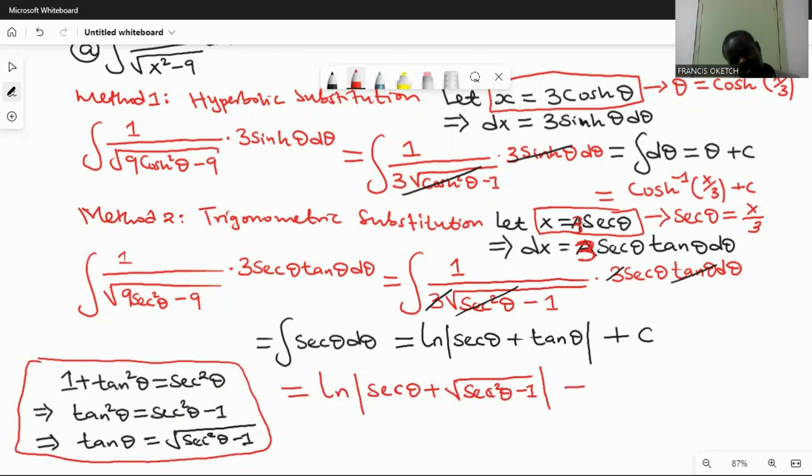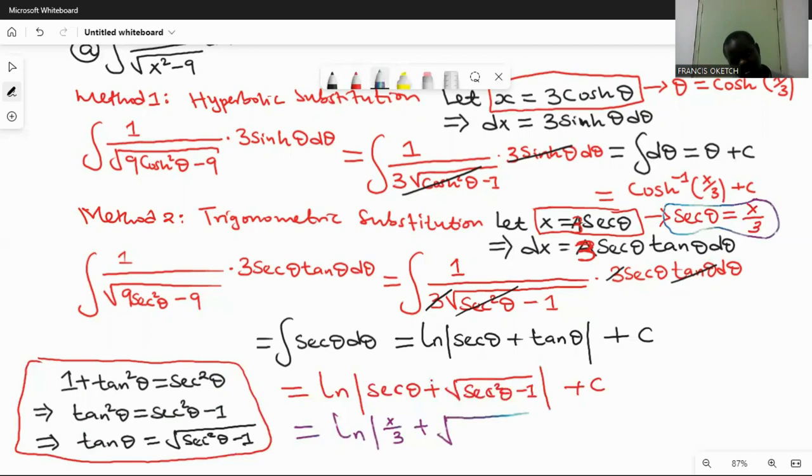And remember, there was a constant c of integration. We have said in our substitution that sec theta is equal to x over 3. So I replace that and finally get natural log of x over 3, that is sec theta, plus the square root.